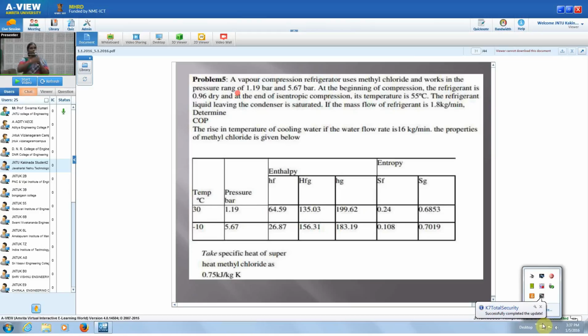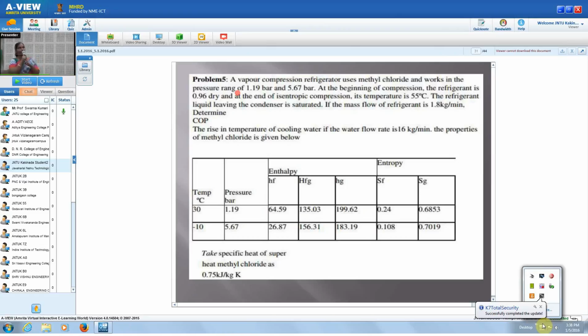I have given the properties directly, but actually you have to take the properties from the table. At 1.19 bar, you see what the saturation temperature is. After noting the saturation temperature, at that temperature note down the properties: liquid enthalpy, vapor enthalpy, latent heat, and also entropy of the gas and entropy of the liquid.